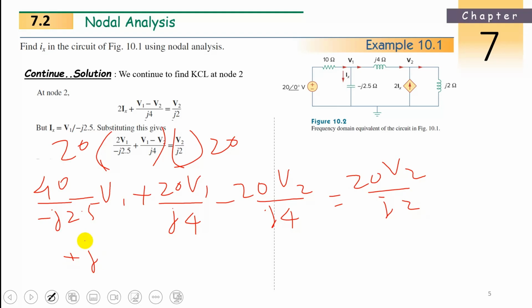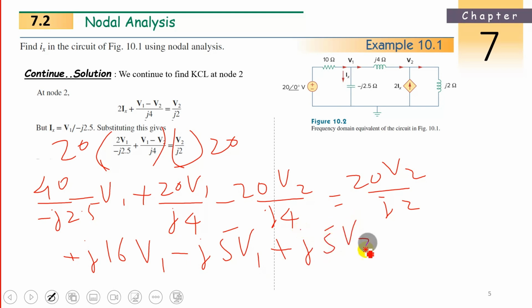How much am I getting here? 40 divided by 2.5, 16. 16 V1. Now here also 1 by j, if we go upside, it becomes minus j. So minus j, 20 divided by 4, 5 V1. Now here also 1 by j becomes minus j. So minus minus plus, plus j, 20 divided by 4, 5 V2.